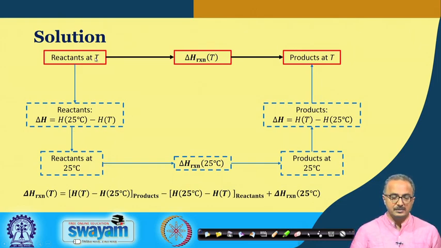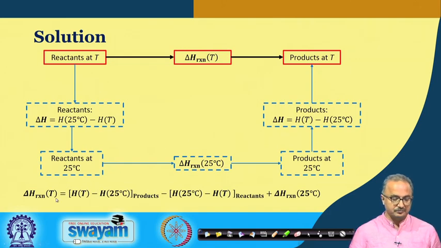So, from this temperature we bring it down to 25 degrees centigrade, and then we carry out the reaction at 25 degrees centigrade, and we get the products at 25 degrees centigrade, and the product temperature is now brought back to the given temperature of the reaction. That also involves the sensible heat. That means, we are taking the two sensible heats into account to bring the reactant as well as the product from their given condition to 25 degree centigrade.